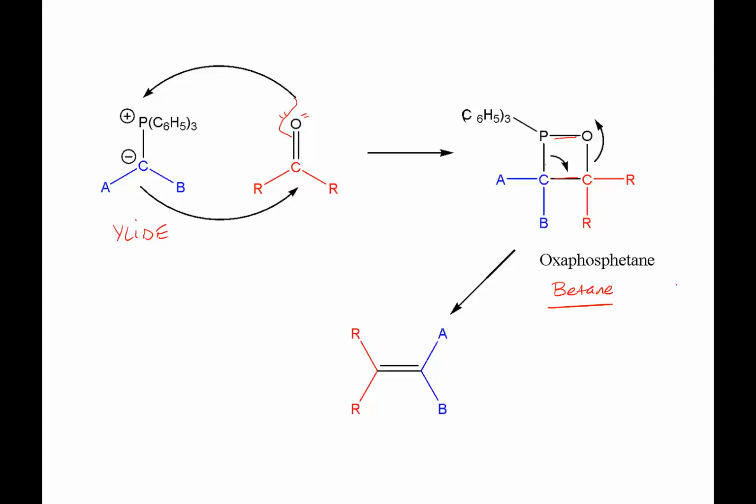So then what happens is this isn't very stable, and so it reacts so that we break the carbon-phosphorus bond. This pair of electrons comes down to form the double bond. This pair of electrons goes up so that I form a triphenylphosphorus with a double bonded oxygen.